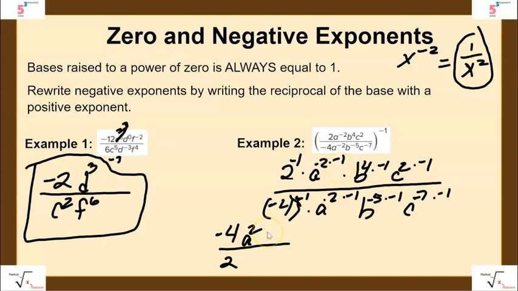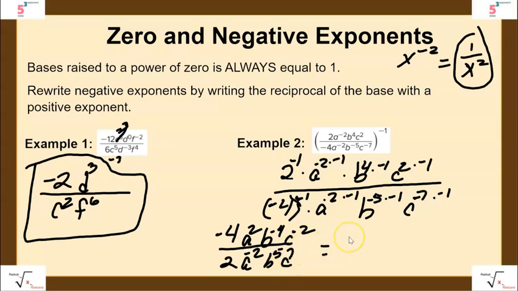Then b to the negative 4, and then c to the negative second. In the denominator, I already did the coefficients. Here I have negative 2 times negative 1, which gives us a to the second. Negative 5 times negative 1 gives us b to the 5th. And negative 7 times negative 1 gives us c to the 7th.